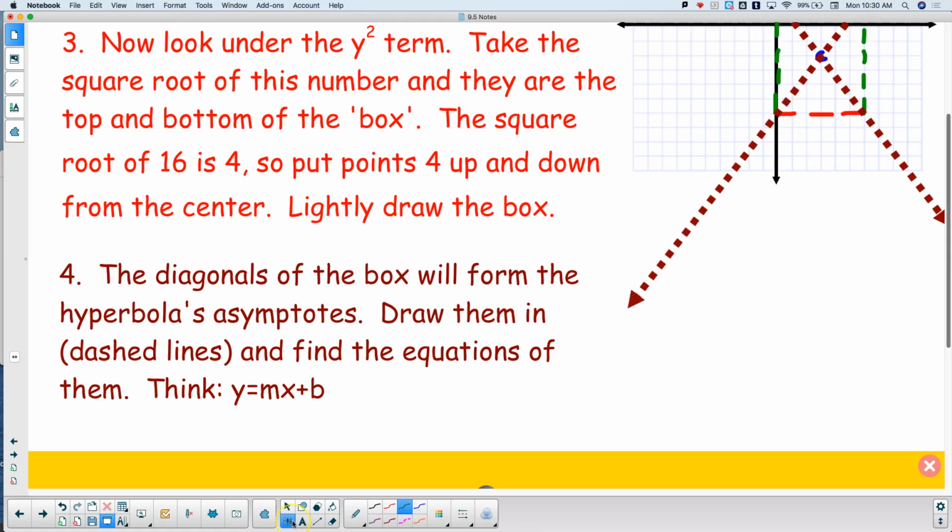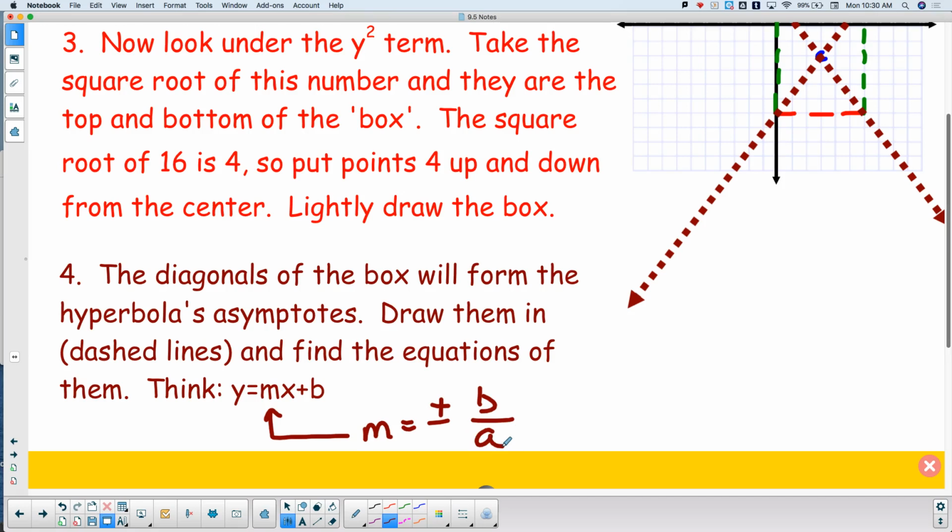The first thing that I will tell you is that the slope of those lines, one is going to be positive because it goes up and to the right. One is going to be negative because it goes down and to the right. And the nice thing is that the slope of those asymptotes is always b over a.